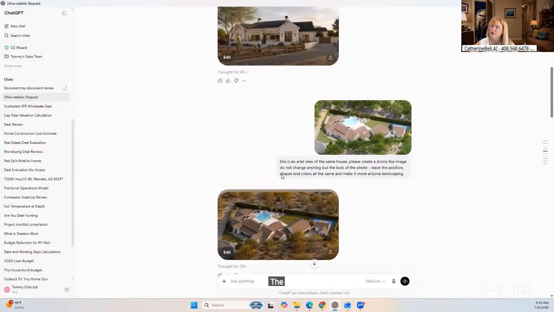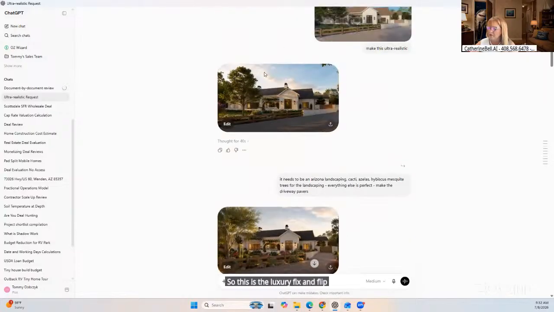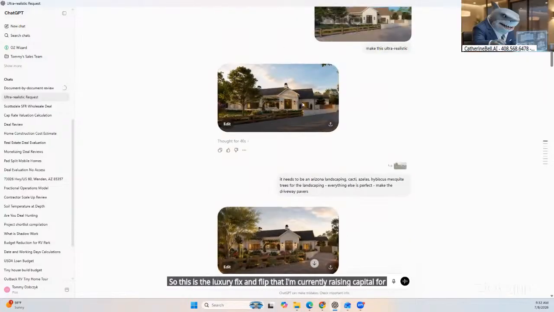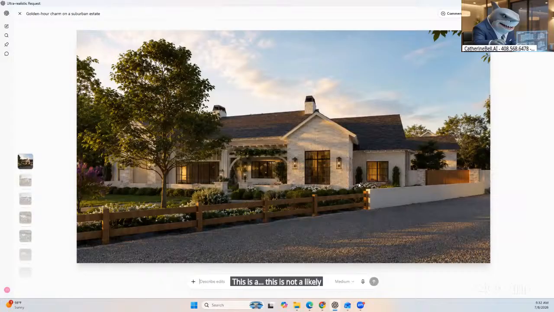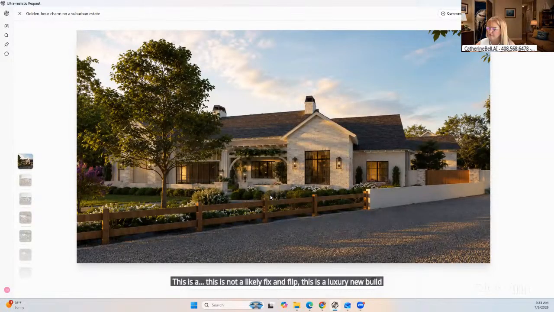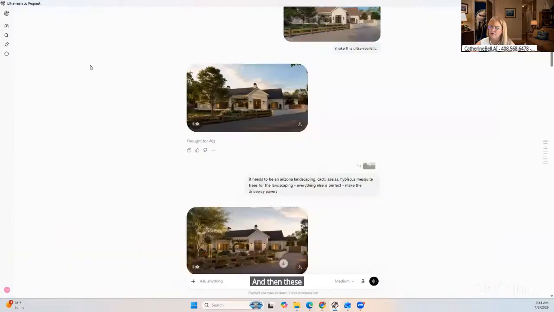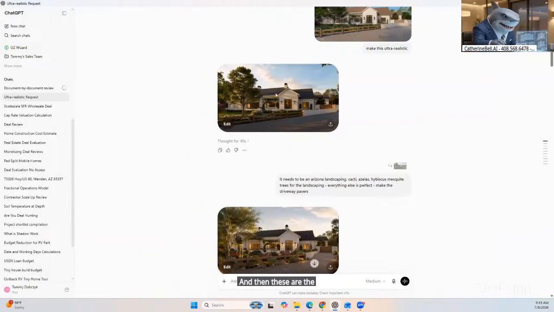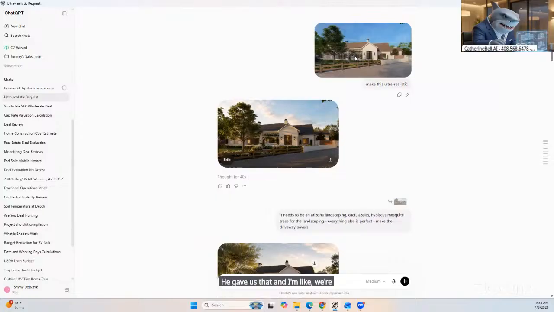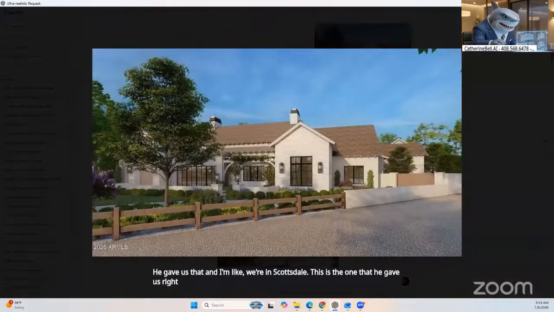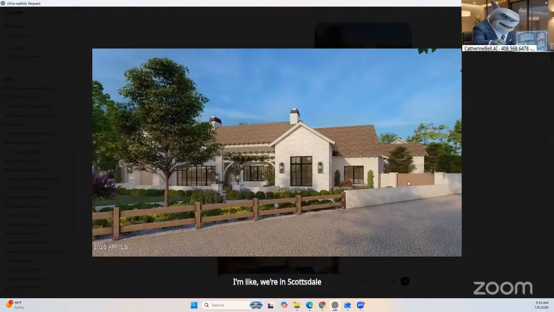This is the luxury new build, not the luxury fix and flip that I'm currently raising capital for. The architect did images that were meh. This is the one he gave us, and I'm like, we're in Scottsdale first of all, so the landscaping on here isn't working.